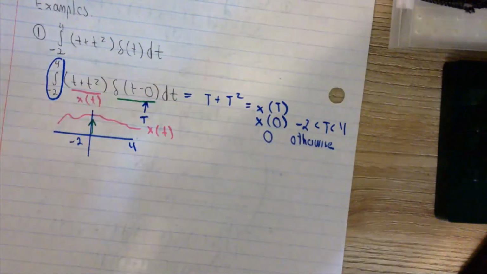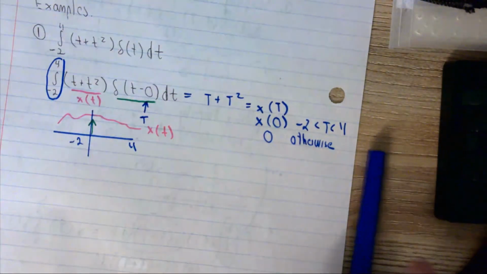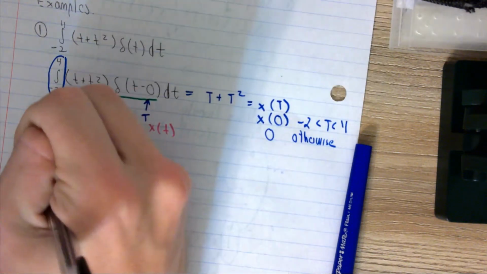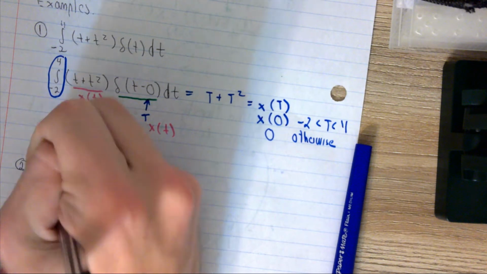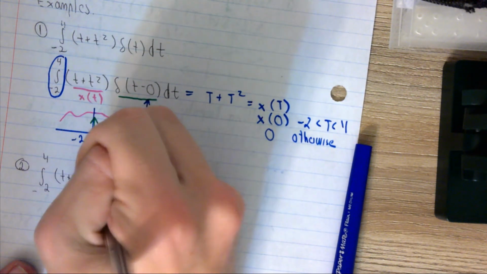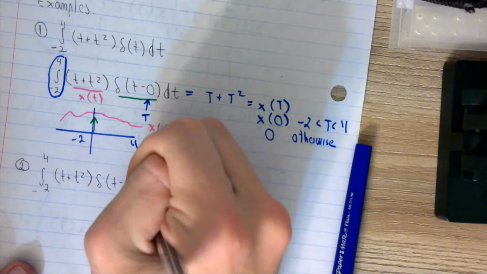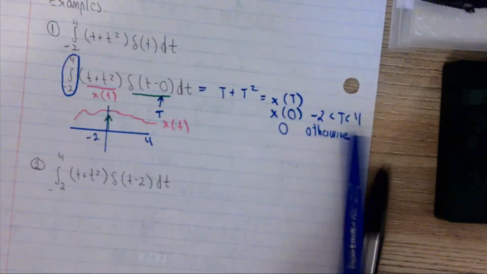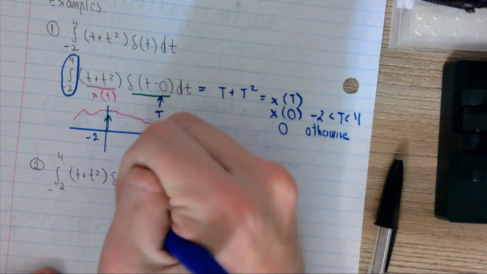Okay. Now let's go to the next one, which is from negative 2 to 4 of t plus t squared, delta of t minus 2, dt. This one is occurring at t equals 2.